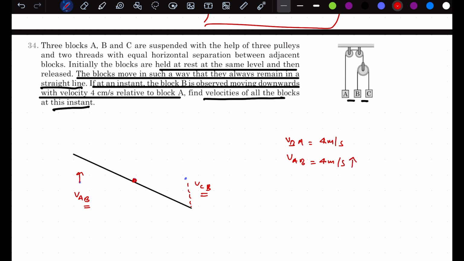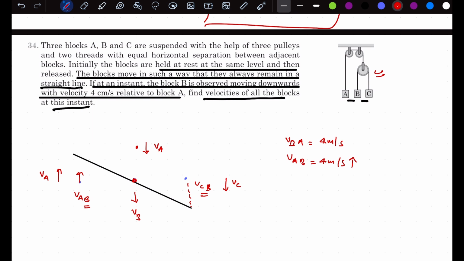Now let us suppose that A is moving up, B is moving down, and C is also moving down. Now look at this pulley. This pulley, if A is moving with VA, then the pulley will also move with VA in the downward direction.